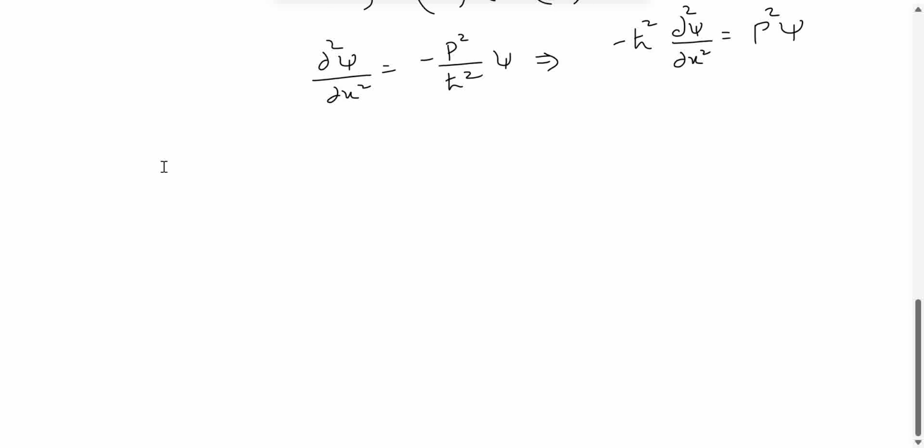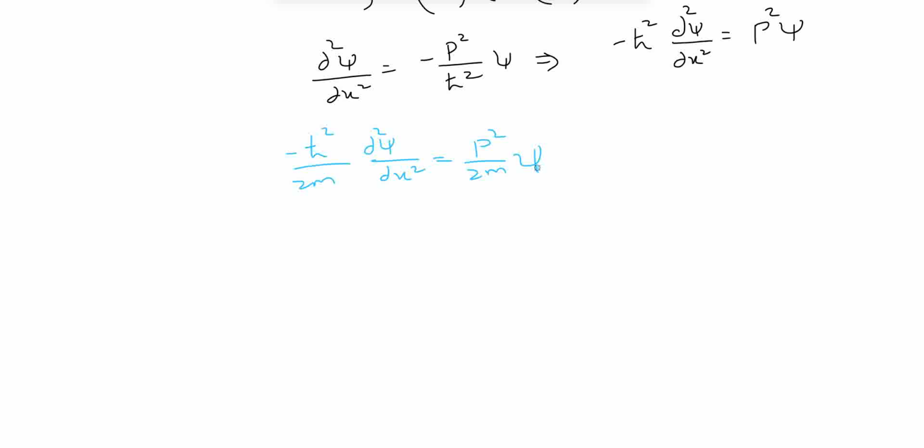Now let's divide the above equation by 2m. By doing that, we get minus h cut square by 2m dou square psi by dou x square is equal to p square by 2m psi.